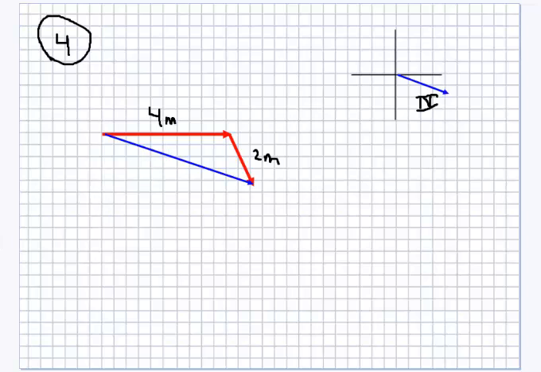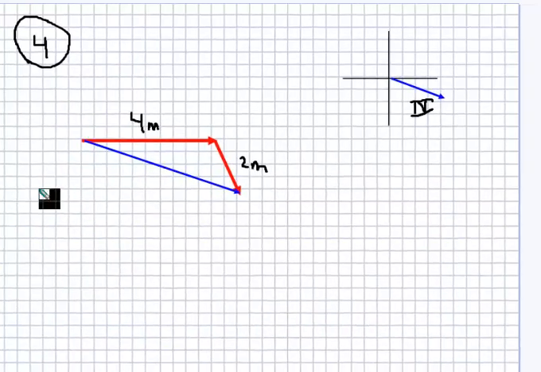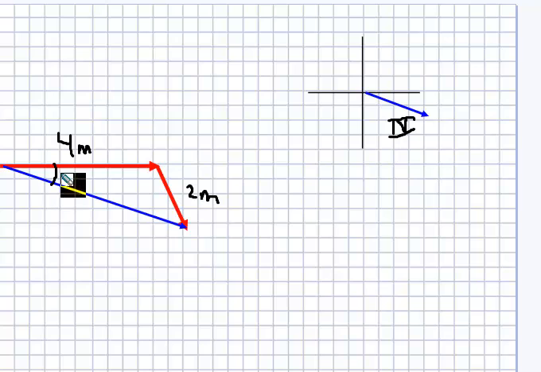And if you measure the angle with a protractor, you'll see it's about 18 or 20 degrees down from the x-axis. Let's say 20 degrees is what you measured. And so that would make it a 340 degree approximately angle.